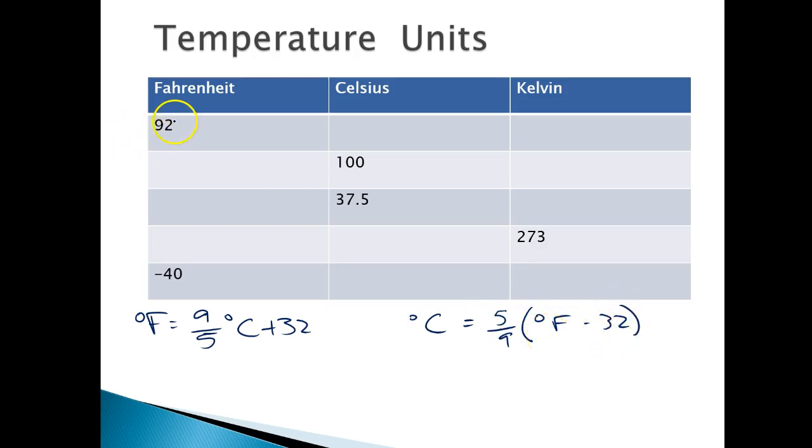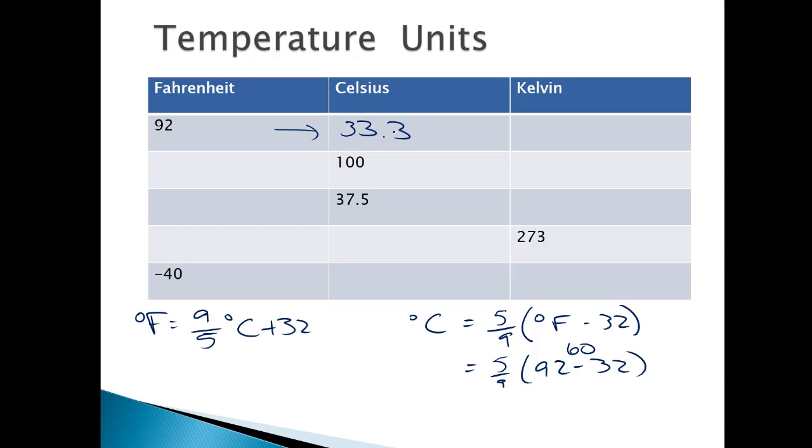So for the first one, to turn 92 into Celsius, I'm going to put 92 in here, so I'm at 5 over 9 times 92 minus 32. So I'm going to subtract first and get 60. So I have 300 divided by 9 for my temperature, and it's 33.3. In terms of sig figs, don't sweat these. I'm not going to worry about sig figs.